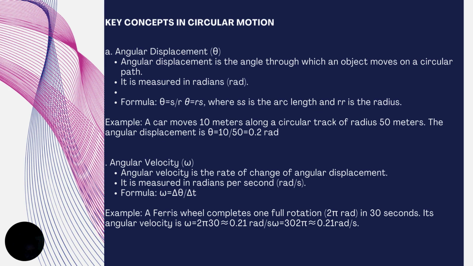So this time around, we are looking at angular motion or circular motion. A circular motion will have to do with bends, curves, angles. That's why angular velocity this time around is going to be the rate of change of angular displacement. For a normal linear motion, we'll just talk about velocity, not angular velocity.